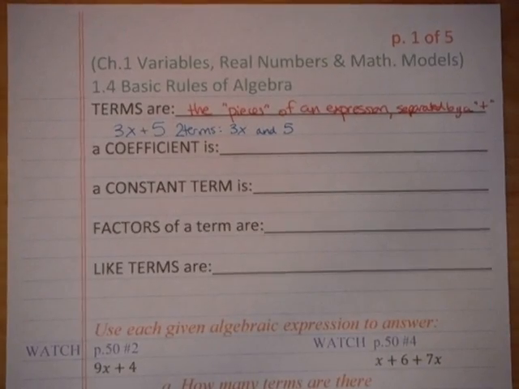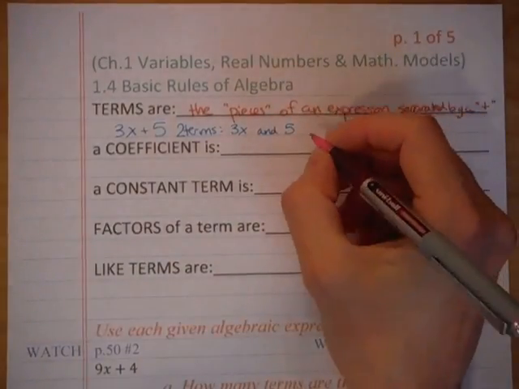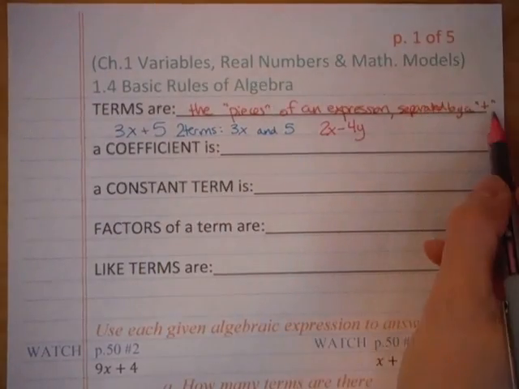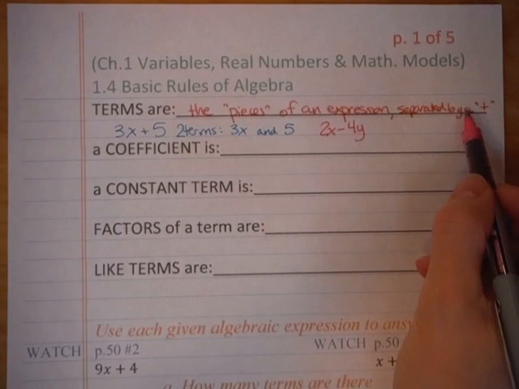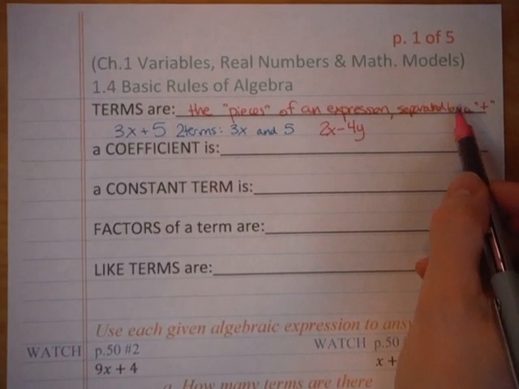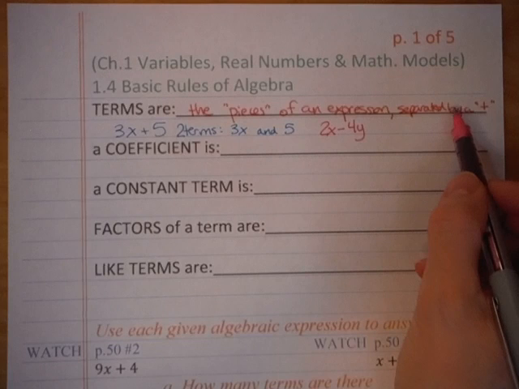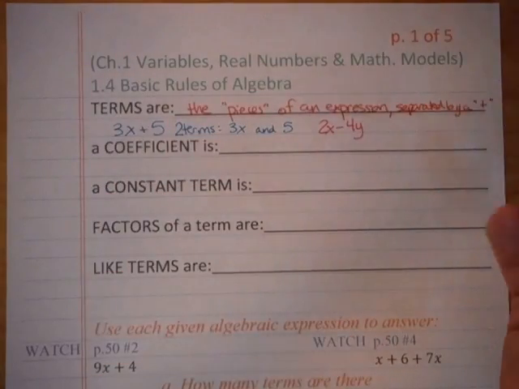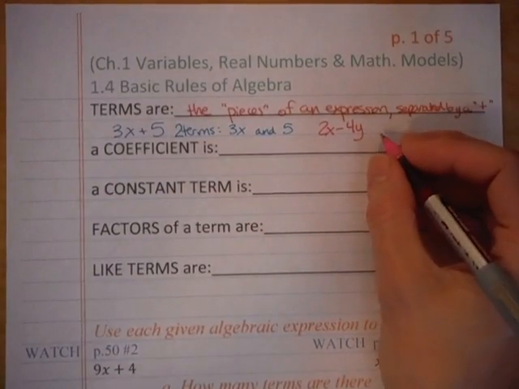If we had the expression 2x minus 4y, notice the definition says they're separated by a plus. Here's another thing I want you to start understanding. The relationships between mathematics will go a long way for you being able to do math on your own and accomplish what you want in this class in terms of learning and knowledge in your grade.